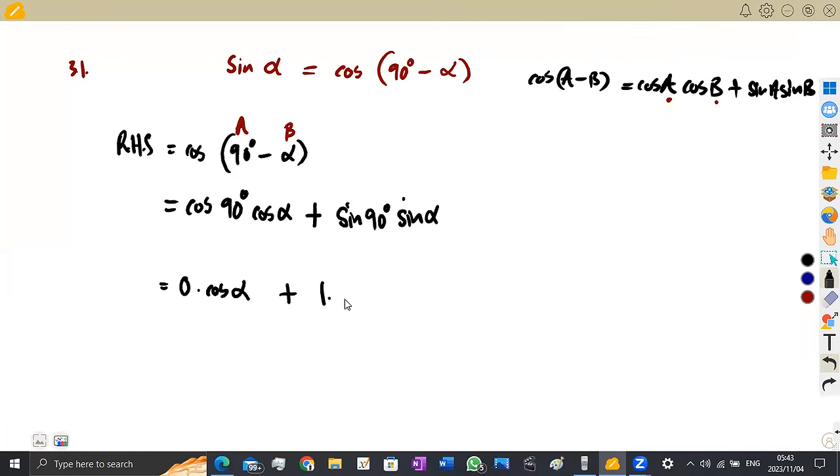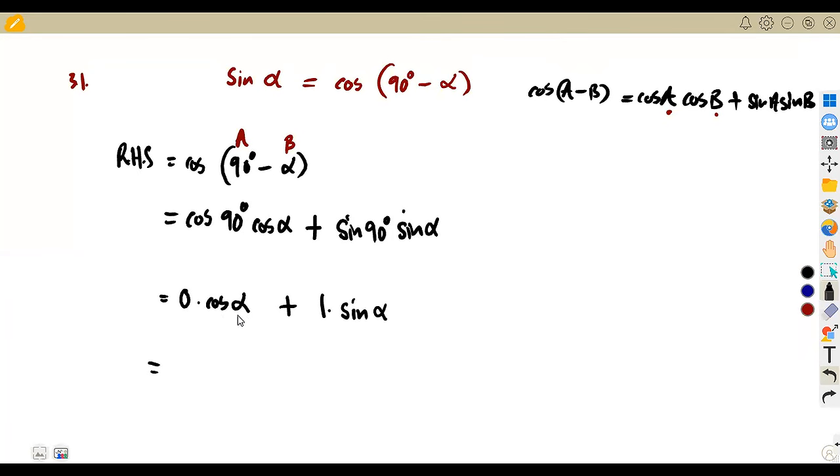So that will be 1 times the sine of alpha. If you multiply 0 and cos, that will be 0, so you are just left with 1 times sine alpha, which is equal to the sine of alpha.